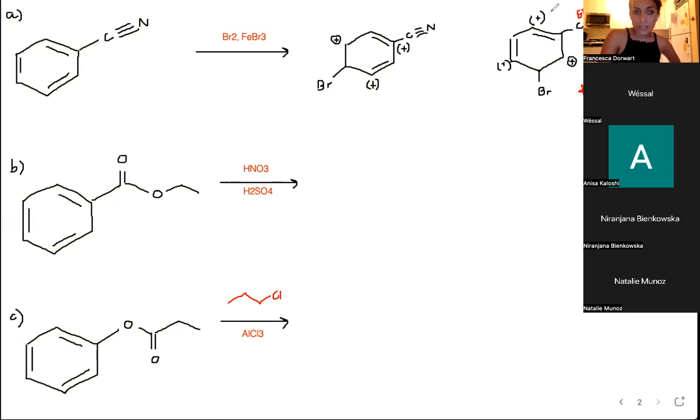Okay, and so here we've got this partial positive next to a positive formal charge. This is unstable. So we have positive next to partial positive, unstable. And here we have positive formal charge, avoids, or let's just say passes. What's the right word?